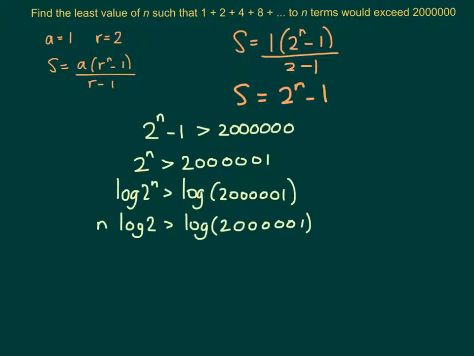We want to do a quick check to see if log of 2 is positive or negative. If you stick that into your calculator, log of 2 is 0.301 and so on. It's a positive number, so we don't have to worry about changing that inequality.